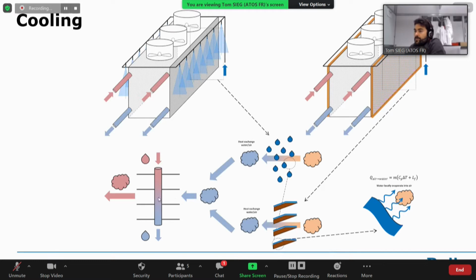That is the normal, standard conversion to cool the water. In the case of an adiabatic tower, we add water in the air through the metal pieces to optimize the exchange coefficient. So we continue to exchange heat from water to air through the metal parts, but also through the little water particles.